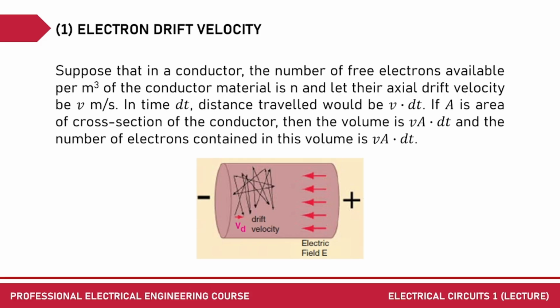So now, if A is the area of cross-section of the conductor, then we simply multiply them. The volume becomes the velocity times the area, so the number of electrons contained in the volume is N V A dt. Let's leave that equation in that manner.